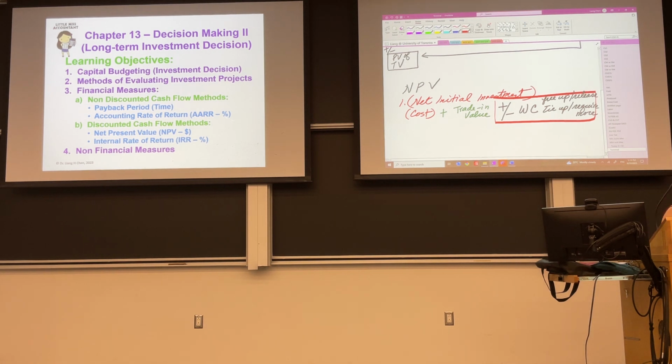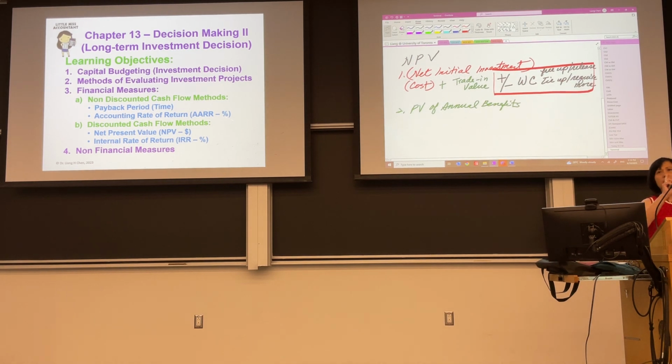Now, number two, annual benefit. We have to present value it back. Okay, you can save material, labor, overhead, whatever you can save.